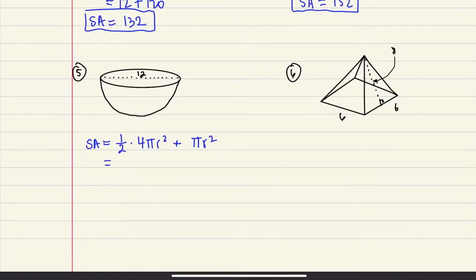So if I simplify this formula, I'm going to get 2 pi r squared plus pi r squared. So the total formula for that surface area is 3 pi r squared.